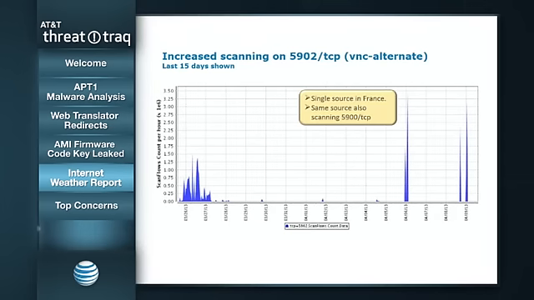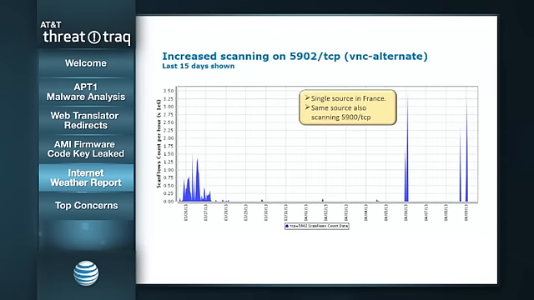And 5902 TCP, we've seen some increased scanning on this one as well. This is the last 15 days shown, as the other two slides were as well. 5902 is generally an alternate port for VNC, Virtual Network Computing, which is a remote desktop type of software. We've talked about it quite a bit.